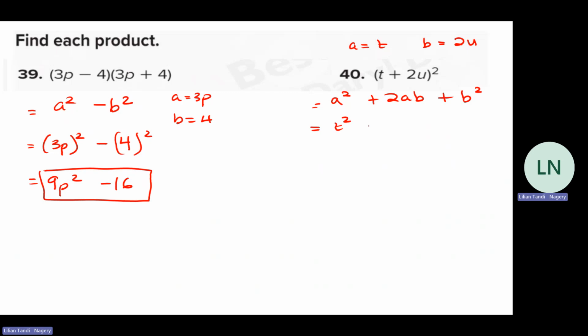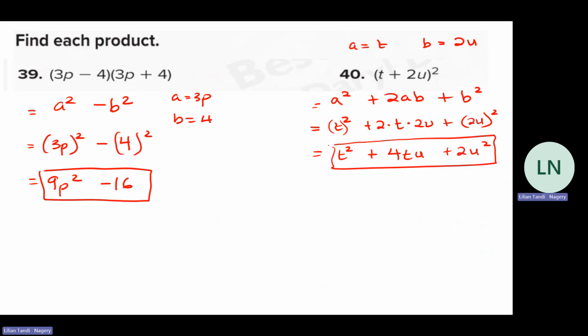T squared plus 2 times t times 2u and here is 2u squared. So t squared plus 4tu plus 2u squared. Okay.